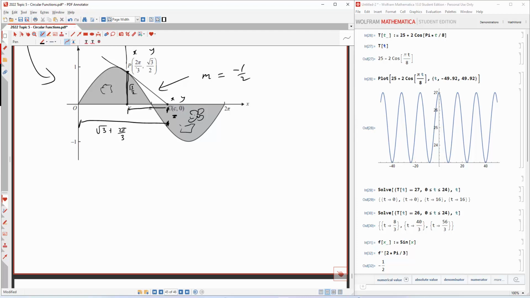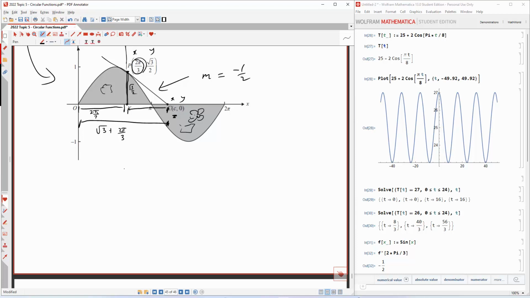Now how are we going to do that? Well, we already know that the distance from here to here is 2 pi on 3. That's the x value here. So all we're going to do is remove 2 pi on 3 from this distance, and we'll get the distance of this line here.